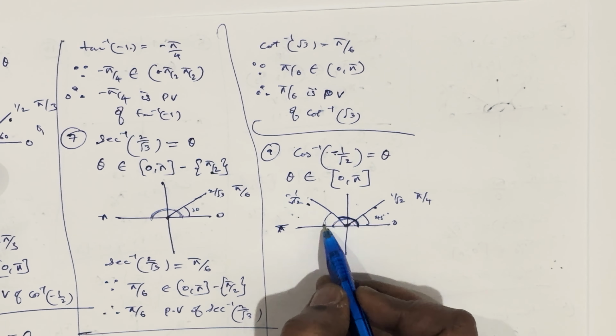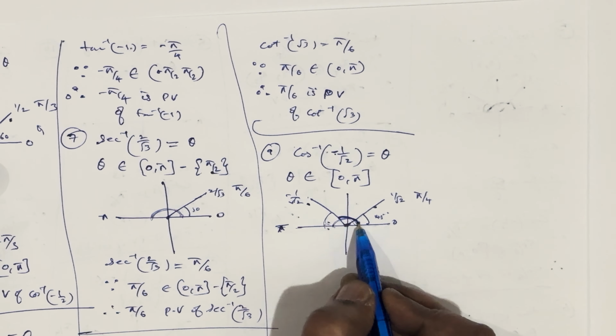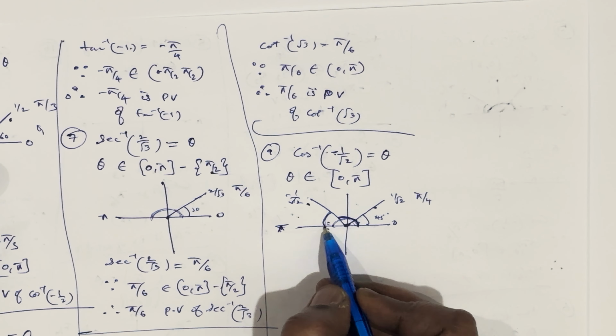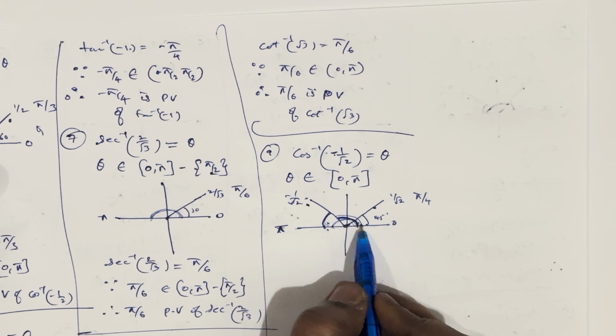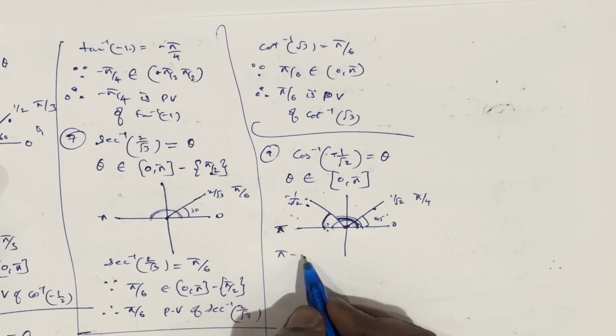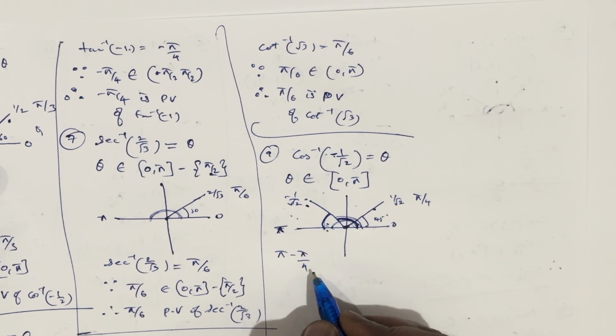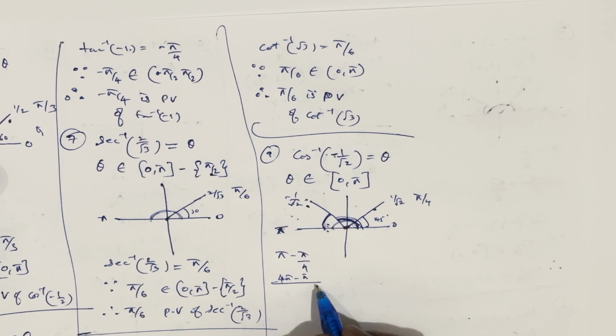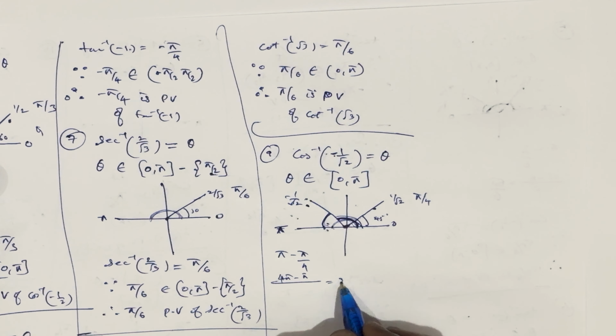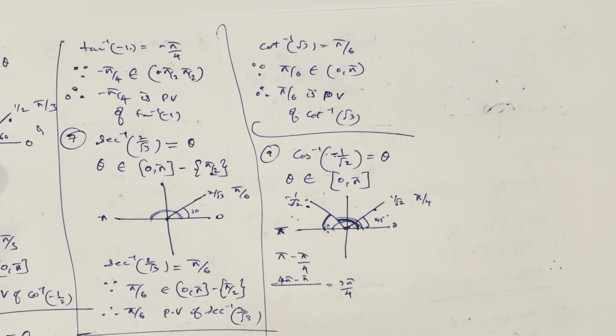Since both angles are equal, if you subtract pi by 4 from pi, you'll get this angle. So pi minus pi by 4, take the LCM, it's 4 pi minus pi, which is 3 pi by 4. So this angle is 3 pi by 4.